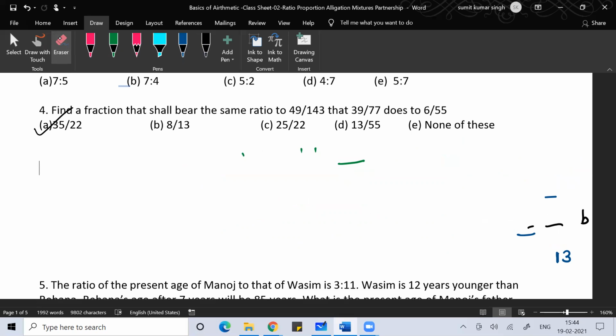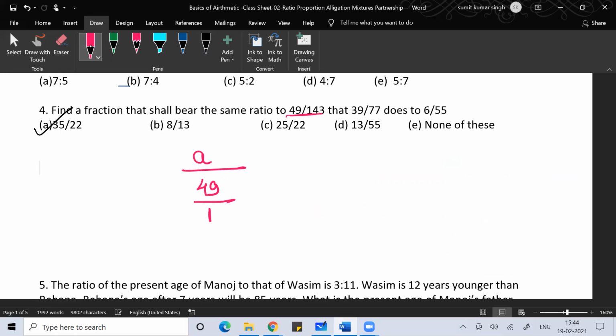So here, find the fraction that bears the same ratio to 49 by 143. Whatever the relation that fraction has, suppose the fraction is a numerator, with 49 by 143, the same ratio that 39 by 77 does to 6 by 55.